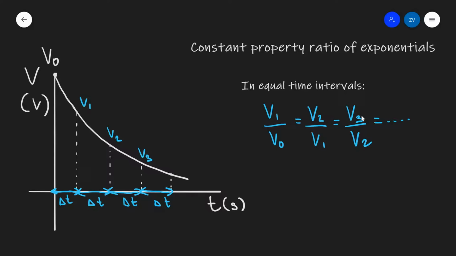In practice, this means that in equal time intervals, the exponential function will be decreasing by the same factor. For instance, let's say that the value decreases by a factor of a third from V1 to V2. This would also indicate that the function will also decrease by another third from V2 to V3. This is the nature of the exponential decay.